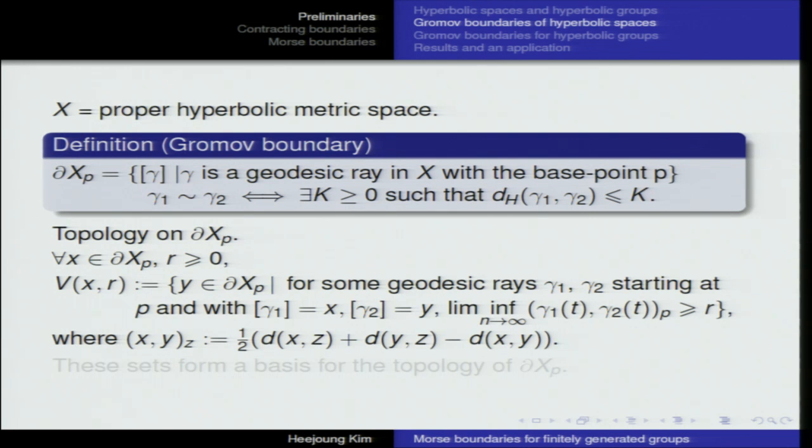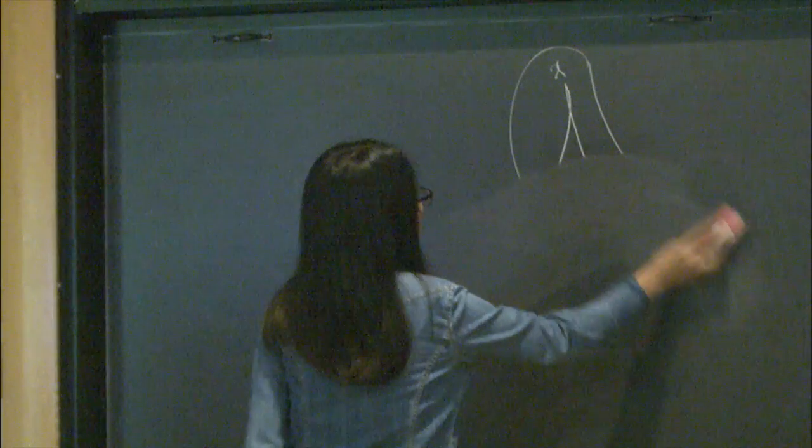So a point y on the boundary is in this set if for some geodesic rays gamma 1 and gamma 2 starting at the base point P, where gamma 1 represents x and gamma 2 represents y, the limit inferior of the Gromov product of gamma 1 and gamma 2 is bigger than or equal to r. Here, this notation, the Gromov product, means this one. So let's think about it in a triangle.